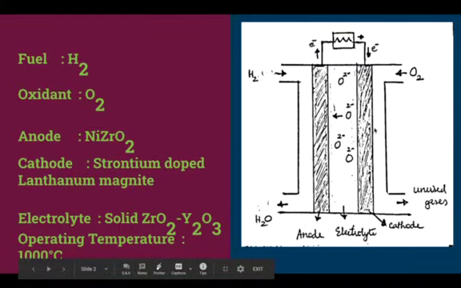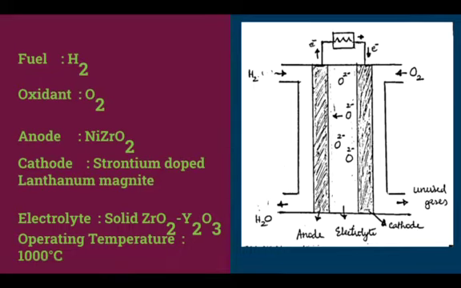Now this shows the construction of solid oxide fuel cell. It consists of 3 chambers. This is the anodic chamber, this represents the cathodic chamber, and this represents the electrolyte. So 3 bonded layers: anode, electrolyte and cathode.